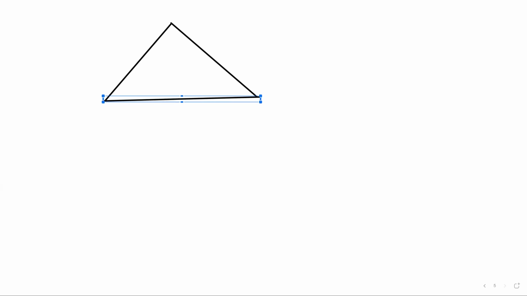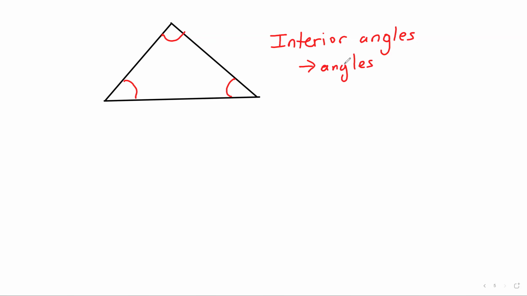So these are all interior angles in the polygon because they are inside. These are the angles that are enclosed in the shape.